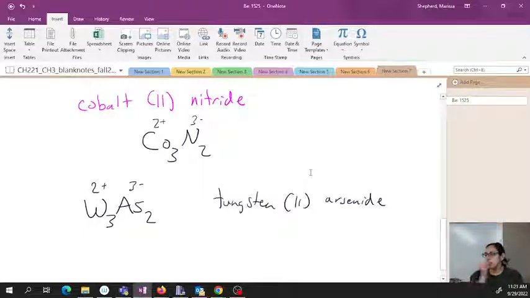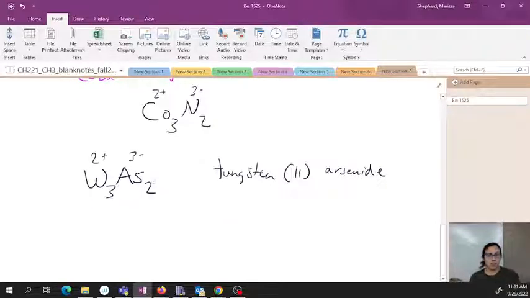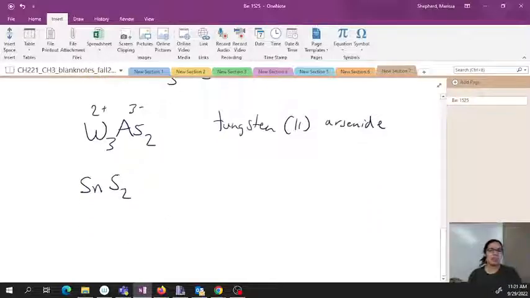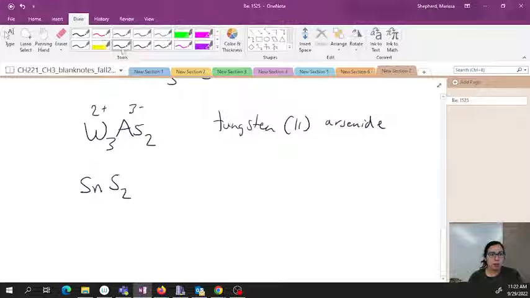What do you do if, when you back it out, they don't match? So if they don't match, then something's off by a factor. Let's try this one. If you back out this tin sulfide compound, we don't know what oxidation state tin is in. So back it out, this gives us 2, this gives us a 1.